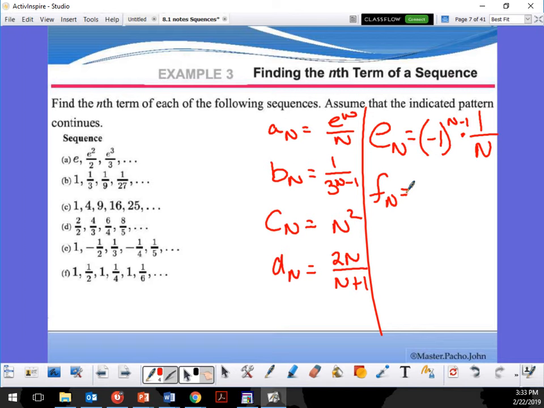Whatever it is, it's over n, so it's something over n. And then for all the odd ones, the top has to be the same as the bottom. I don't know how that happens.